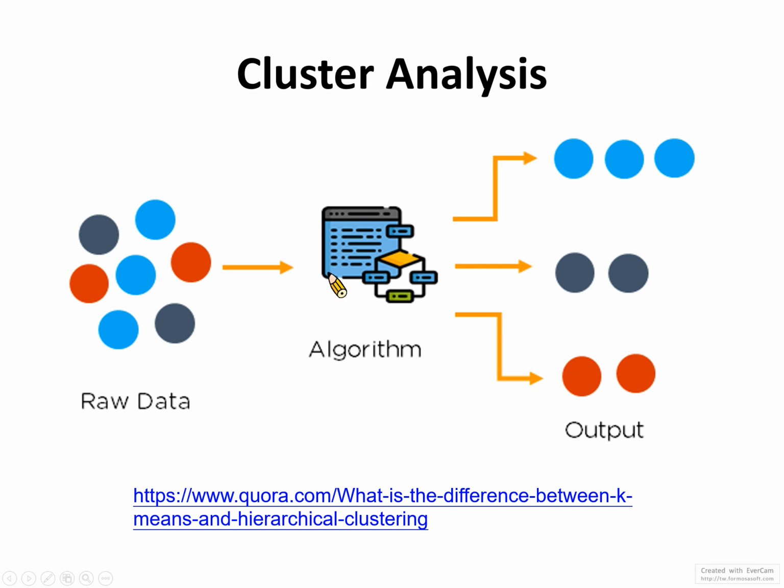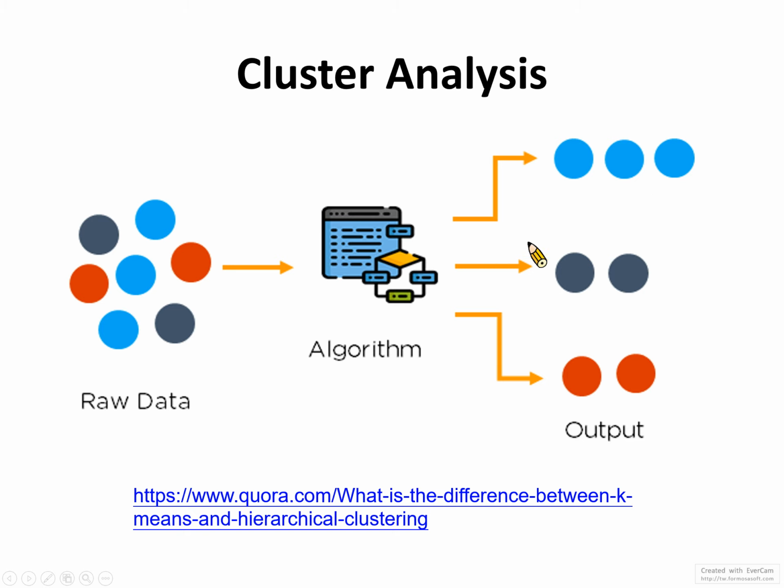So this is a quite intuitive presentation of cluster analysis. Suppose that we have raw data like this. Then we have 3 blue circles and 2 red circles and 2 gray circles. Then we hope to develop an algorithm that can classify this raw data into different types of output. For example, we want to cluster these blue circles into a group.